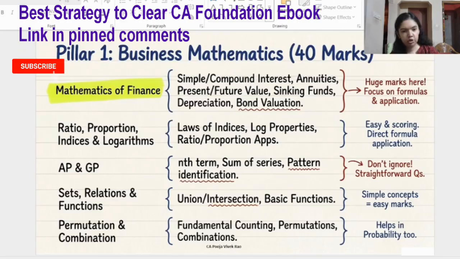Initially this might look difficult, but the more you practice, the easier it will become. Some key topics to master in this chapter are the fundamental counting principle, permutations and combinations. If you get the basics of this chapter right, later in the statistics portion there is a chapter on probability, so permutations and combinations will be helpful there also.